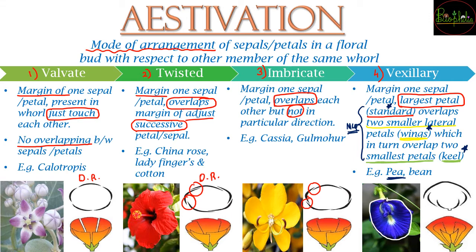So उसको diagrammatically आप कैसे represent करोगे, you can see up here in the diagram. So यहाँ पे जो सबसे बड़ा है, that is going to be your standard, two lateral ones are going to be your wings, and the two smallest ones are going to be your keel. So that makes up the vexillary aestivation.